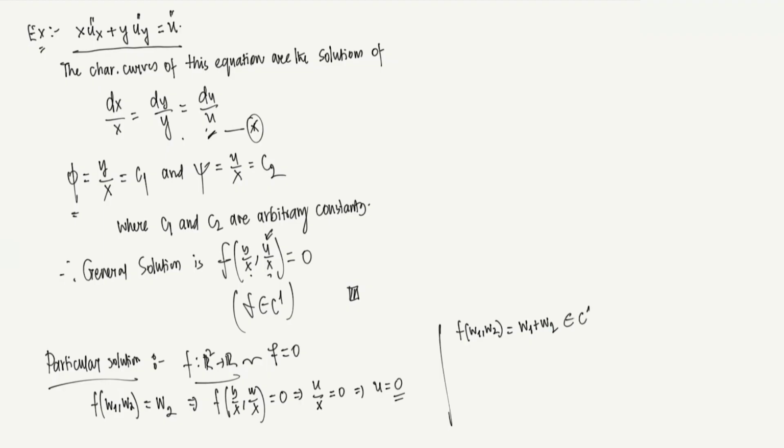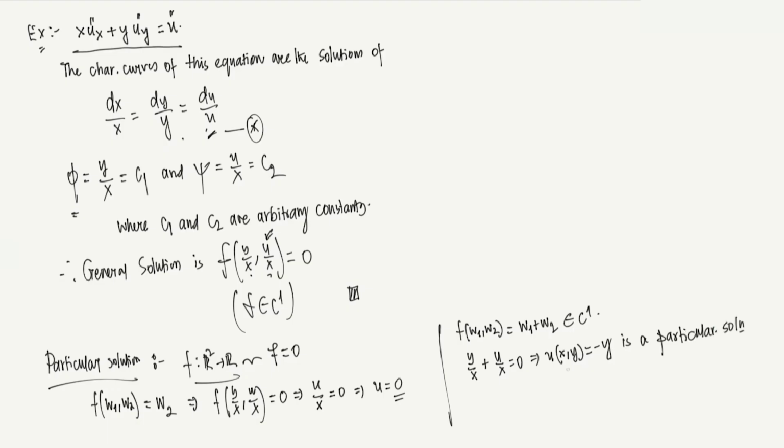It is C1. Now, the general solution is W1 plus W2 equals to 0. What is W1? It is y by x plus u by x equals to 0. So essentially, u of x, y equals to minus y should be a particular solution according to this, right? Now, is it really true?